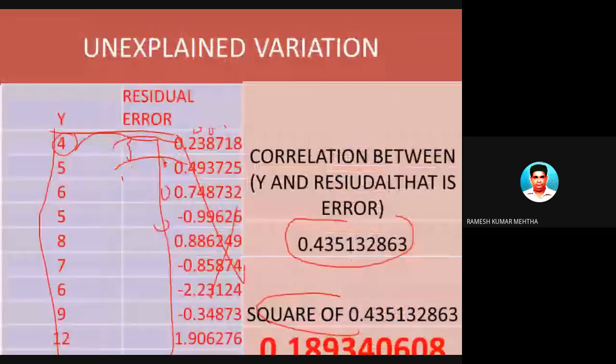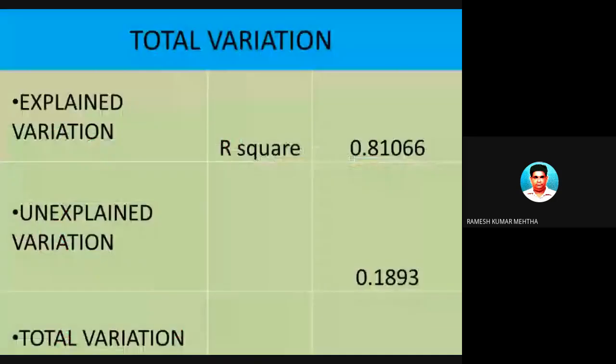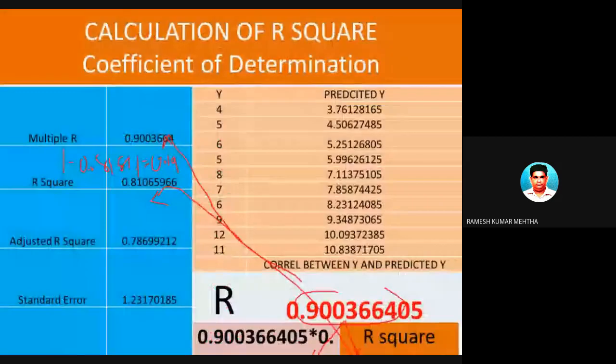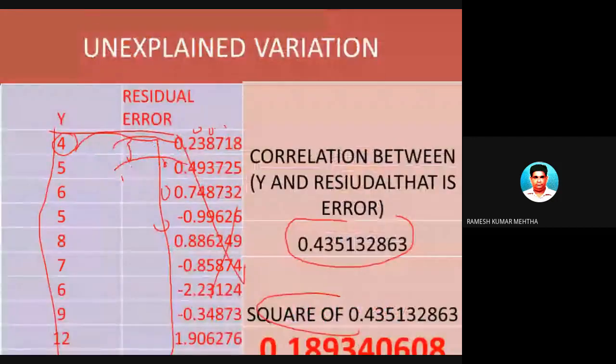So I have carried 0.81 and 0.189 to the next slide, as the total variance.